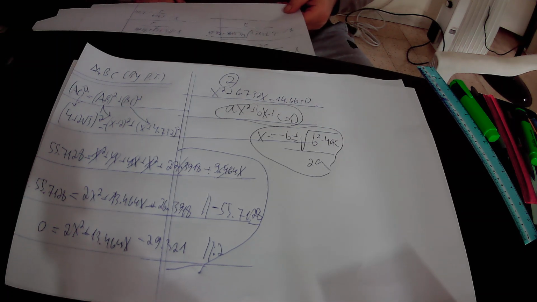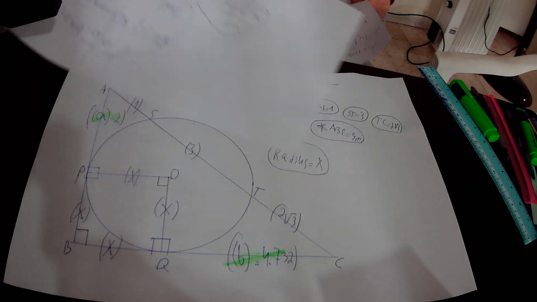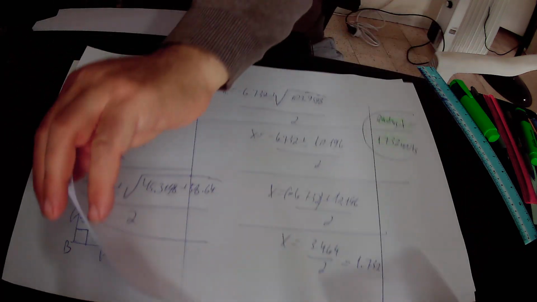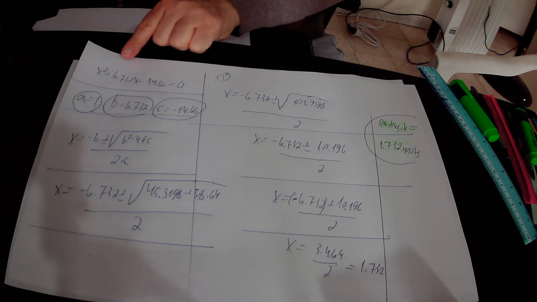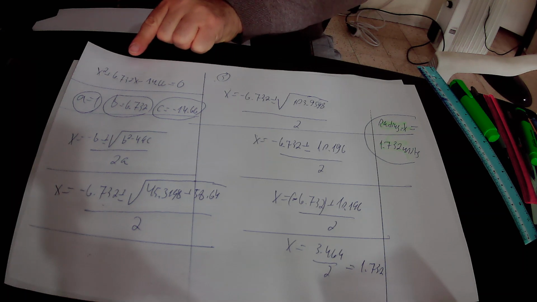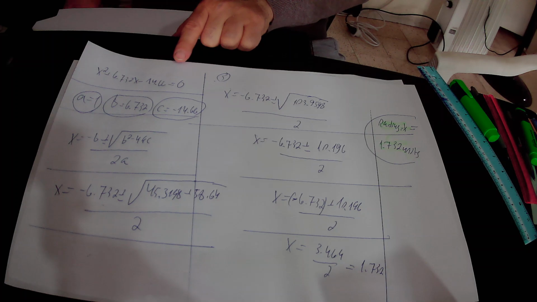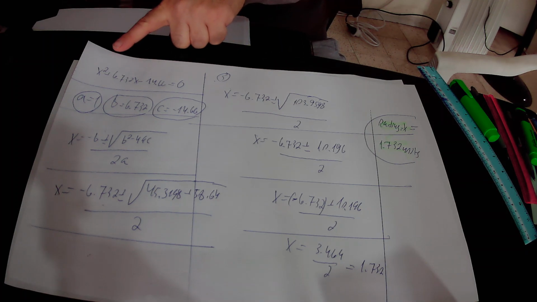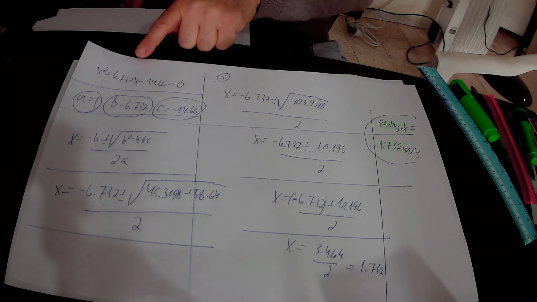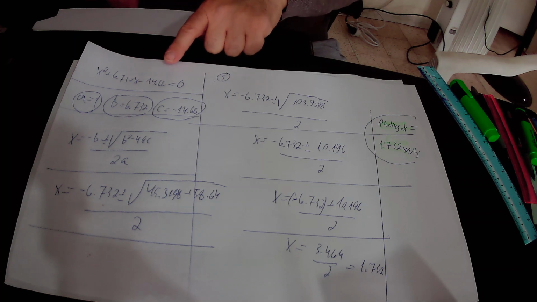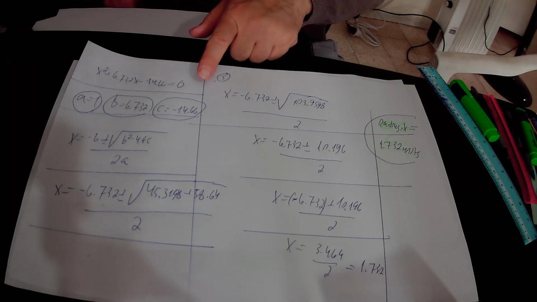For our specific quadratic equation, x squared plus 6.732x minus 14.66 equals 0, the coefficient a equals 1, the coefficient b equals 6.732, and finally the coefficient c equals minus 14.66.